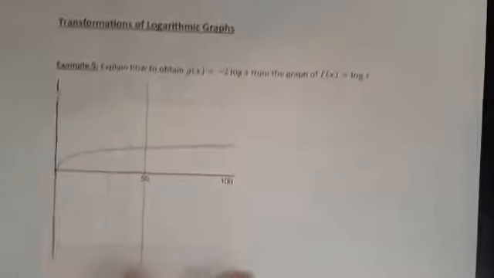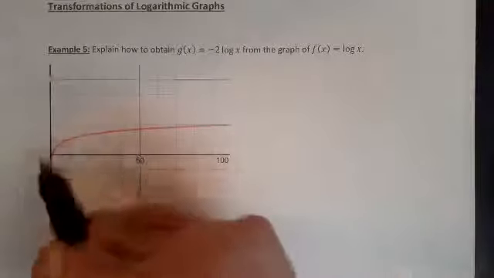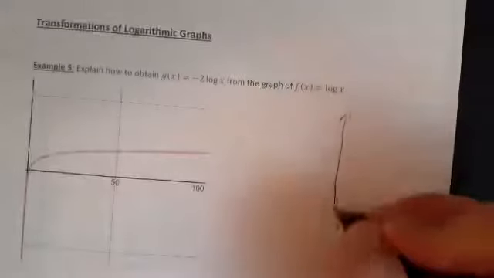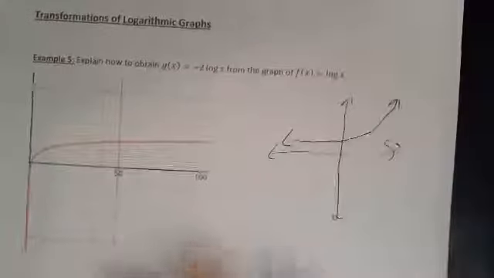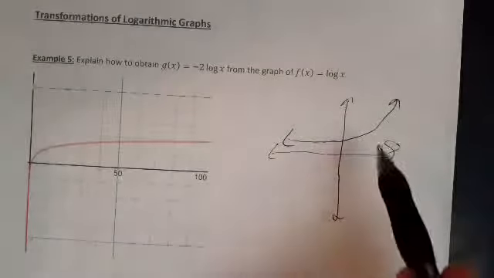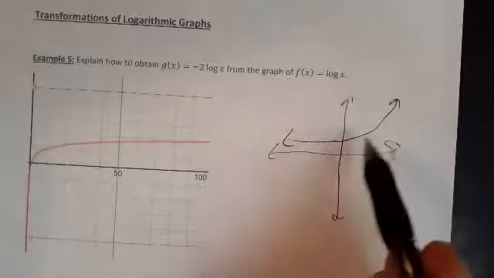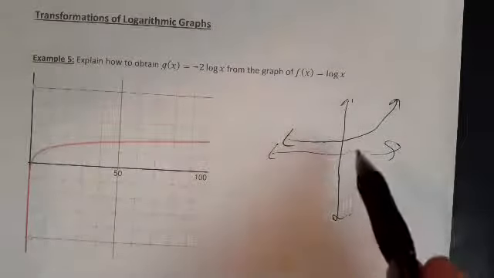And so we have our basic log graphs. Our basic log graphs look like this. They're the inverse of the exponential. So to think about what your exponential looks like, remember, this was our exponential. We're flipping this x and y. And so this asymptote here is going to become an asymptote here.